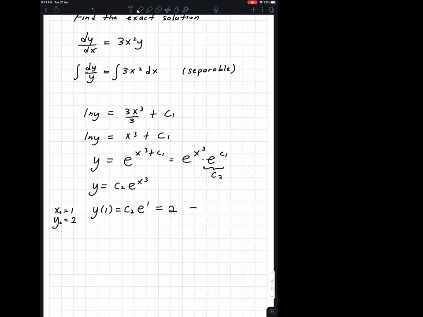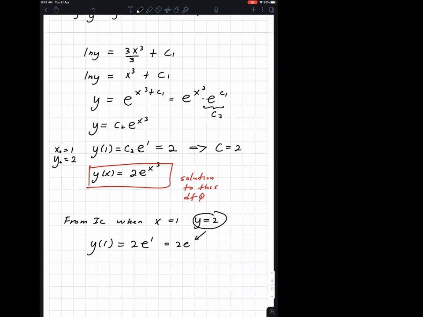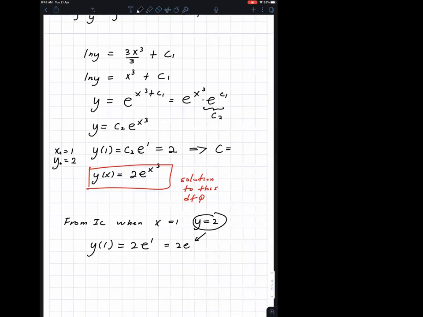Then from here you find out C2 is equal to 2 over E. Is it?